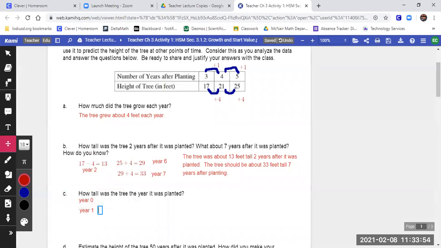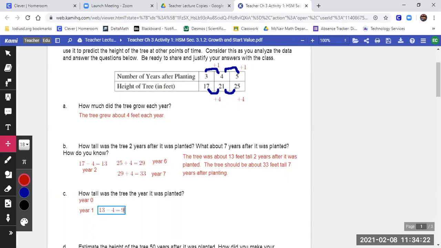From where? Be specific. Subtract what from where? Subtract 4 from 13. Yep, 13, take away 4, because that was year 2 minus the growth for year 1.